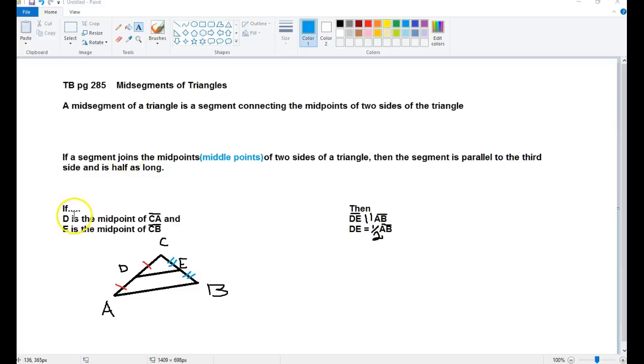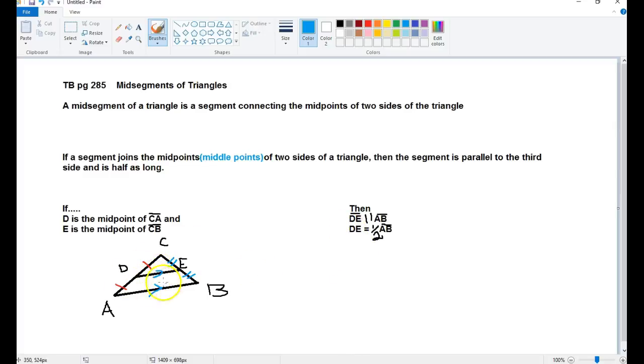Basically, in my picture here, if D, this point here, is the midpoint of CA, and E is the midpoint of CB, so those sides are congruent, then DE and AB are going to be parallel, like that.